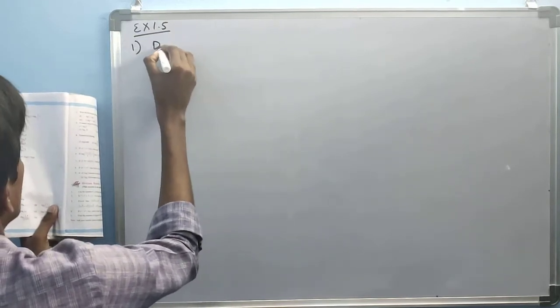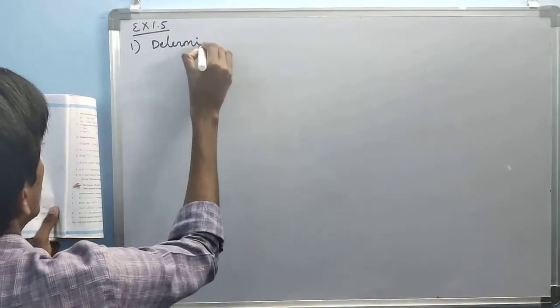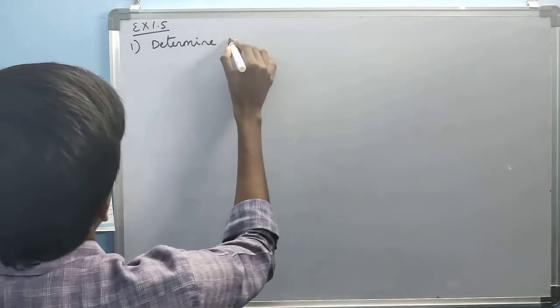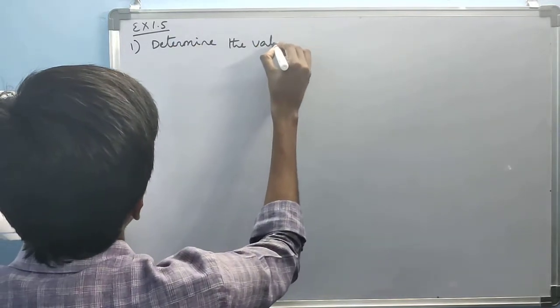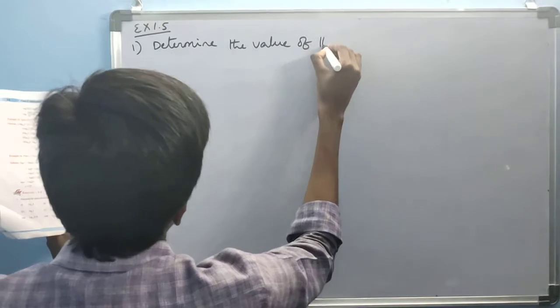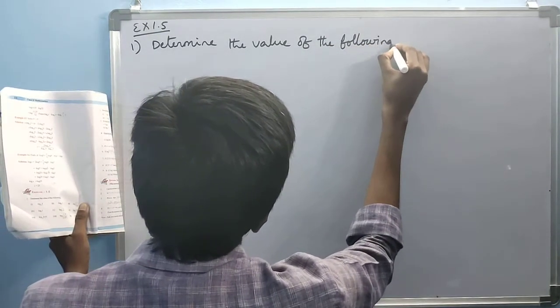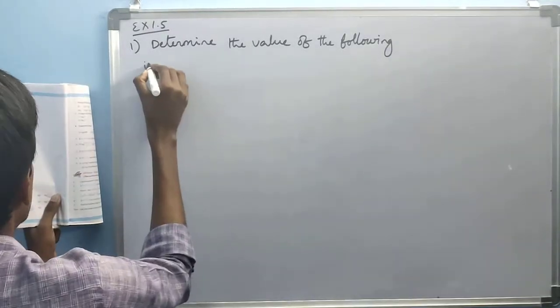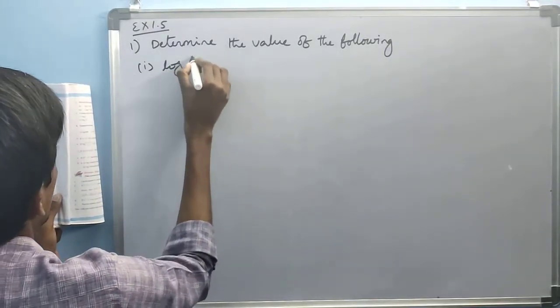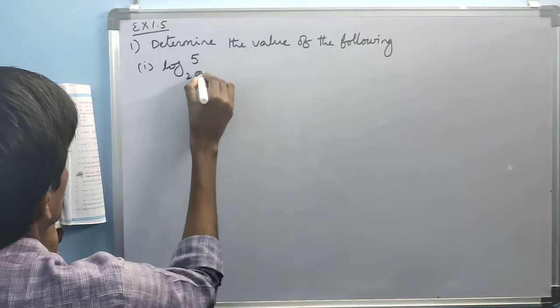First one. Determine the value of the following. First one. Log 5 base 25.